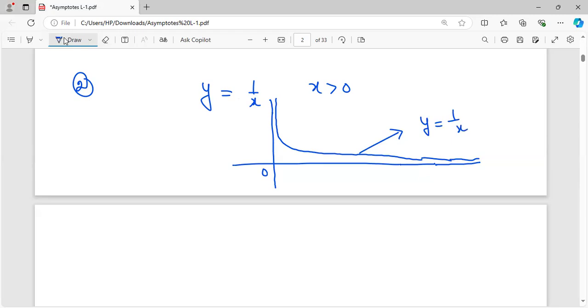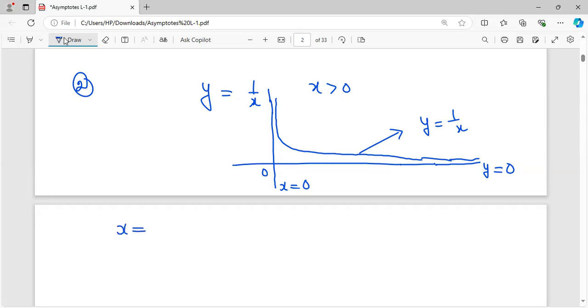You see that this is the y is equal to 0 line and this is the x is equal to 0 line. So you see that the distance between the points on this curve and this line tends to 0. Same here, the distance between points on this curve and this straight line is tending to 0.